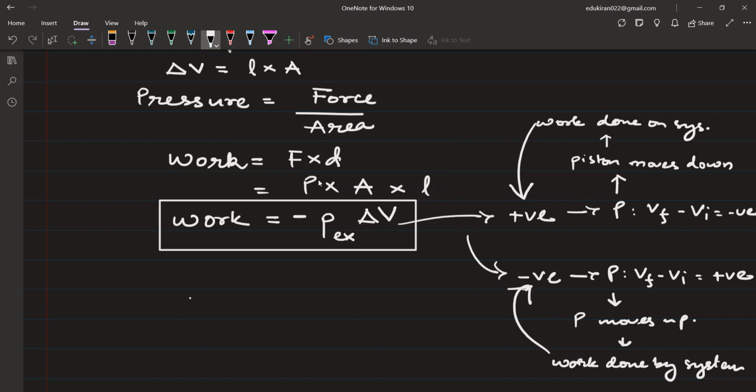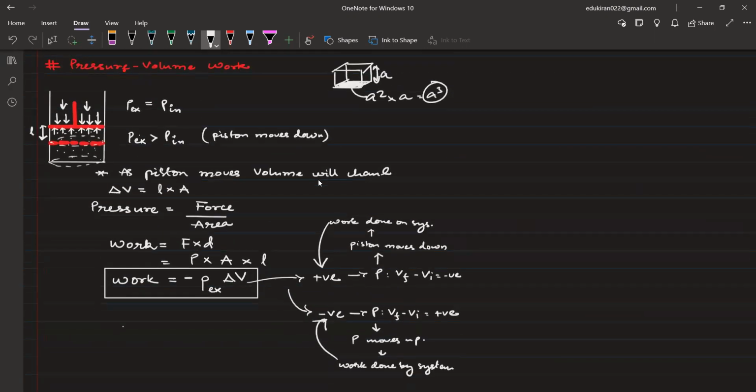We have got minus sign there so that the change in volume will always be positive. ठीक है, change in volume को हम लोग positive लेके चल रहे हैं, इस वजह से work done is equal to minus P external into delta V. Write this down. Let me know if you have any doubts.